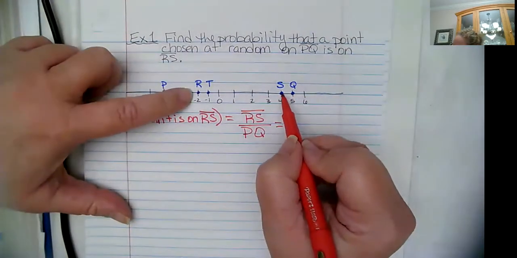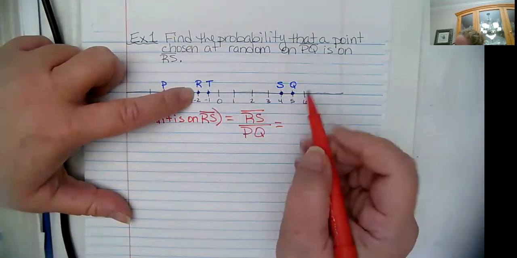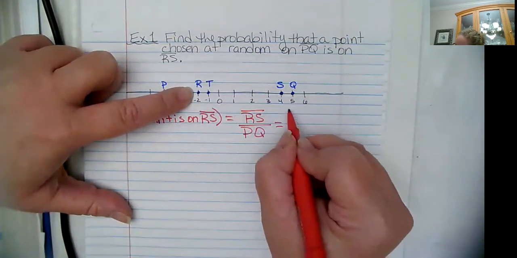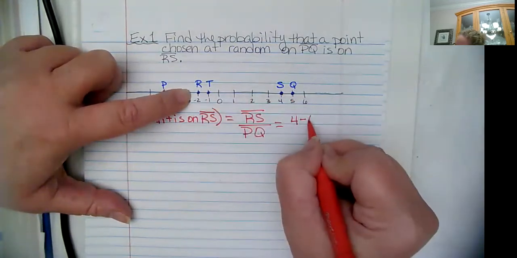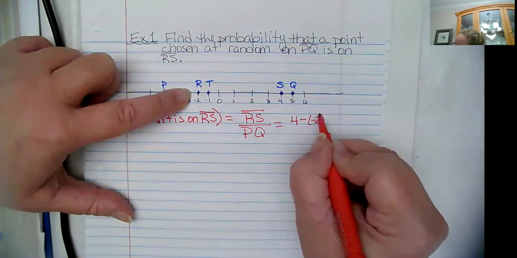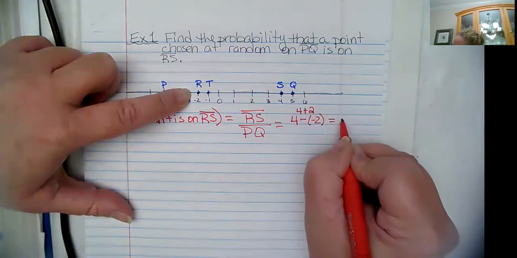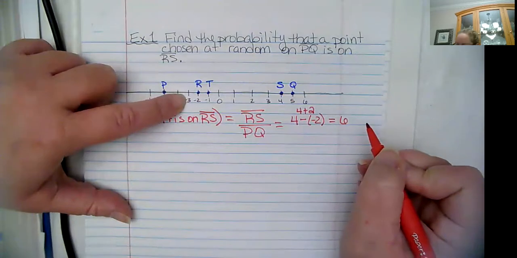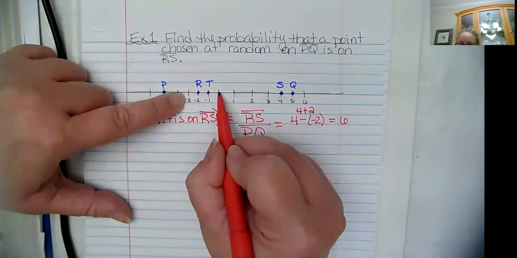So RS, well, this is 4, 6, but you would do 4 minus, because you go in that direction, to -2, which is a negative, and a negative is a positive, so that ends up being 4 plus 2, which is 6. I looked at the number line itself. From 4 to 0, that's 4.